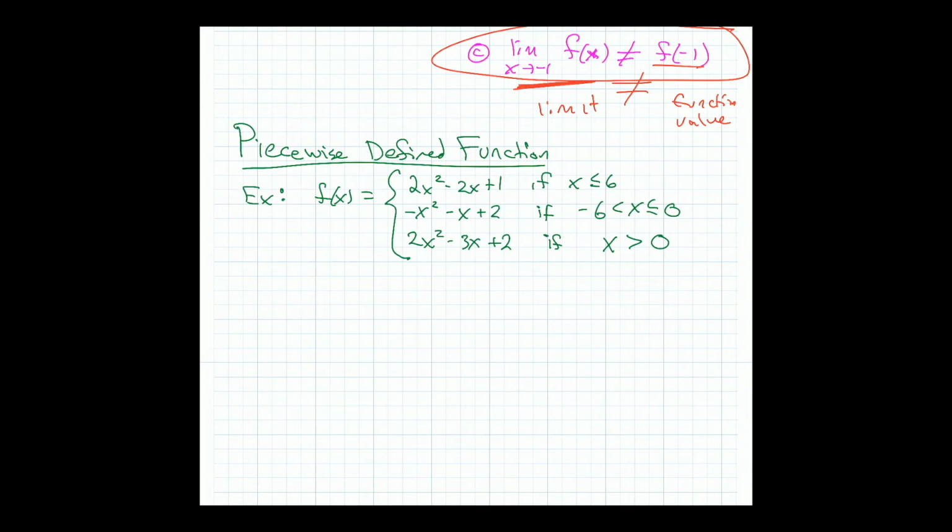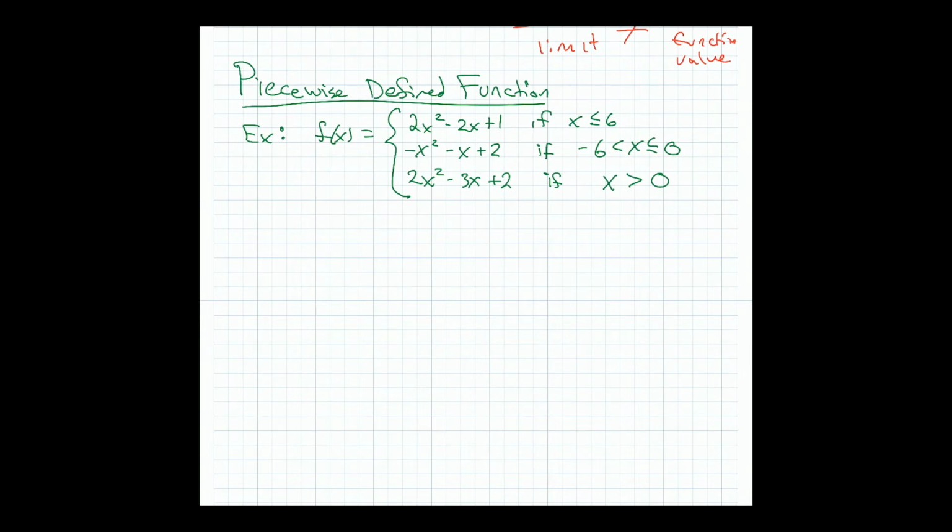All right? Basically, on a piecewise defined function like this, the individual pieces are continuous. We haven't said it yet, but polynomials are always continuous everywhere. So all polynomials are continuous. They don't have holes or anything.